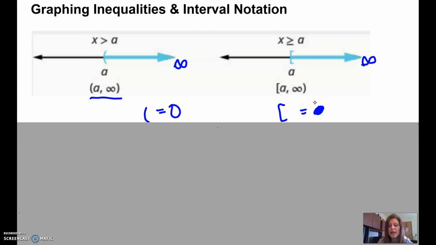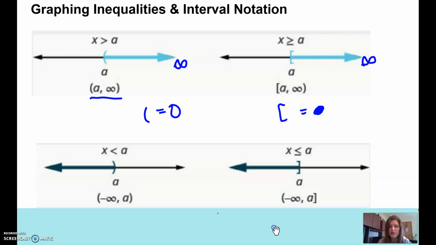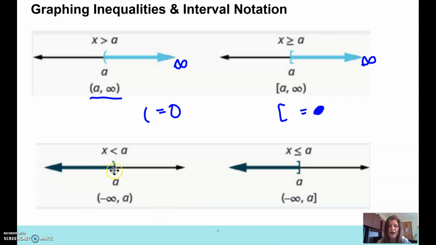All right, we've got the same thing with the less than. So let me pull this down here. And if I have x is less than A, then I have, again, negative infinity going to the A. So notice the order it follows on the interval. It follows the order of the number line. The shading part starts at the negative infinity, goes up to the A, does not include it.